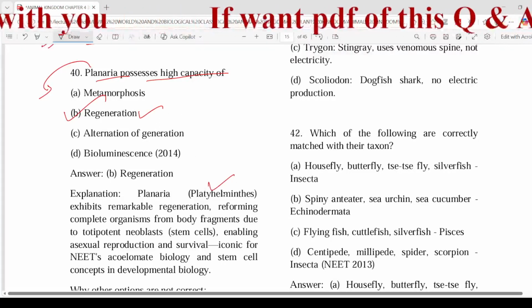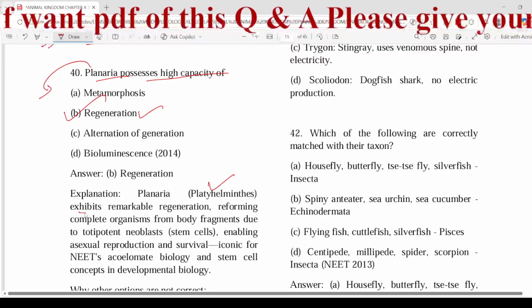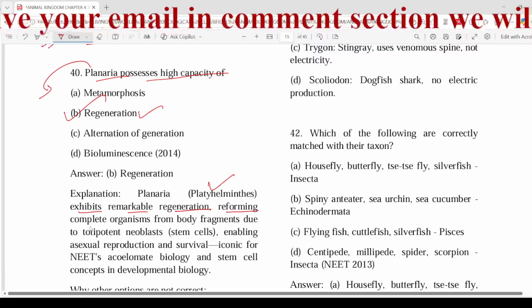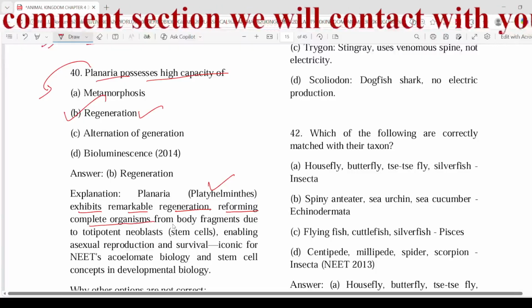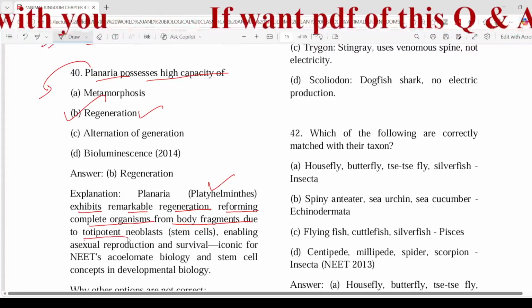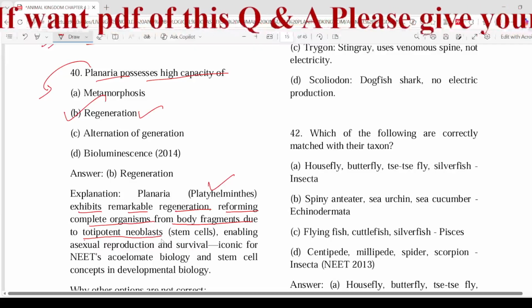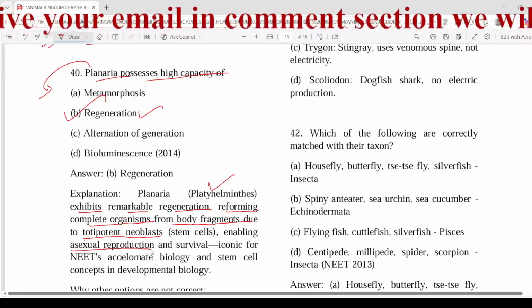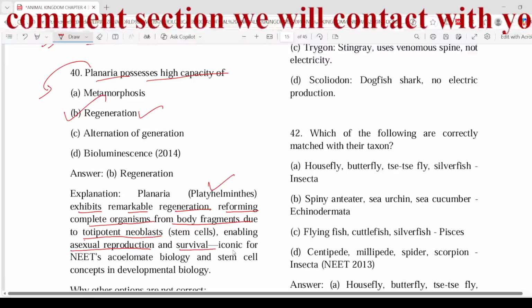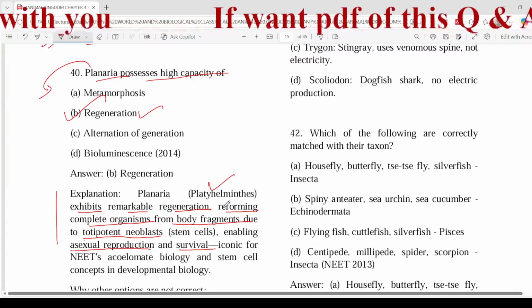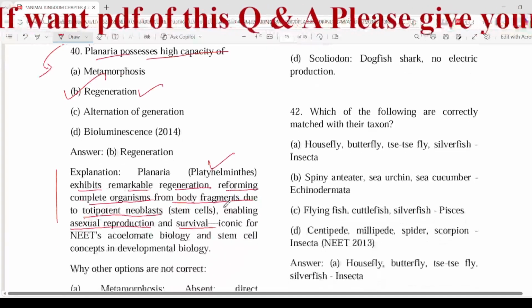It exhibits remarkable regeneration, reforming a complete organism from body fragments due to totipotent neoblasts, enabling asexual reproduction and survival. This is the main explanation for this question.